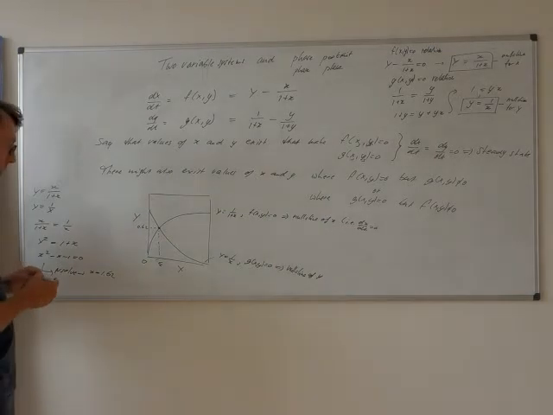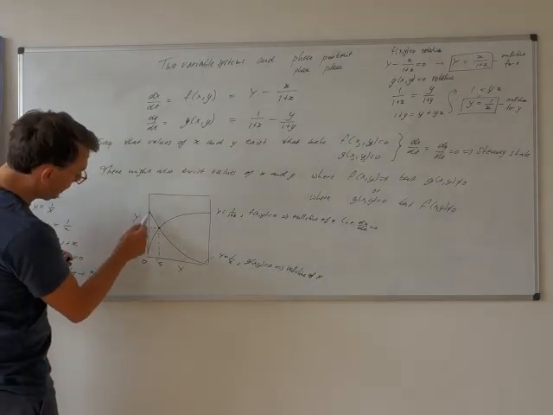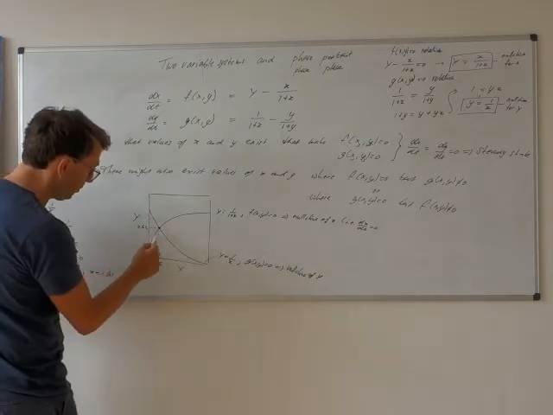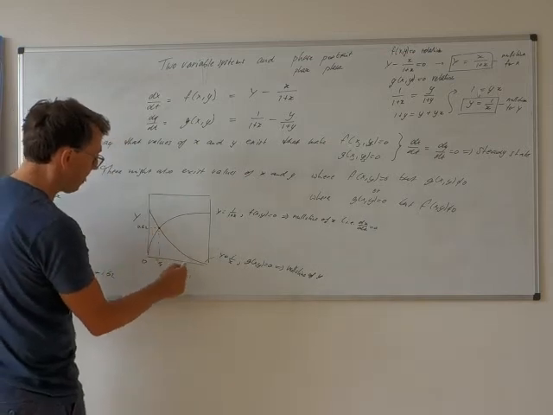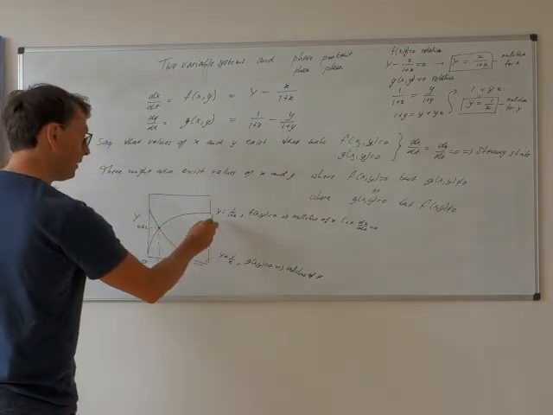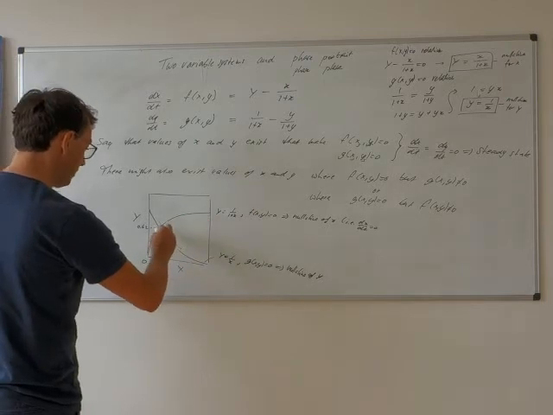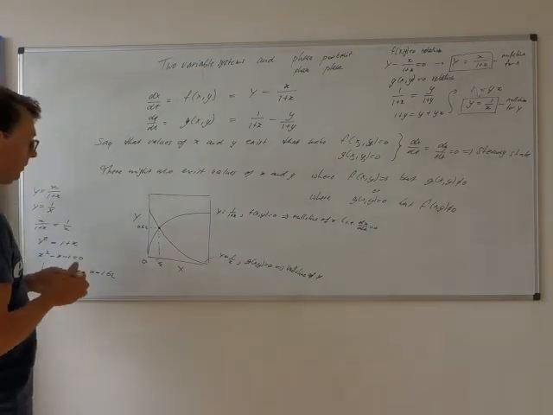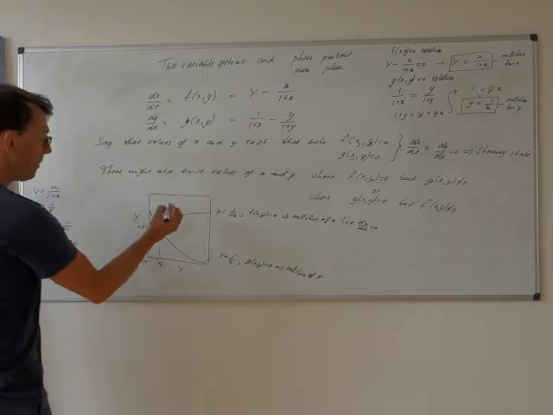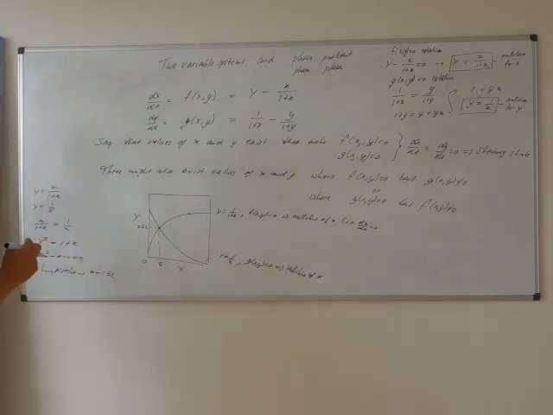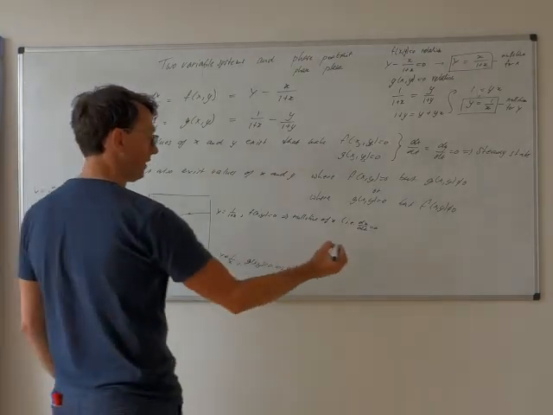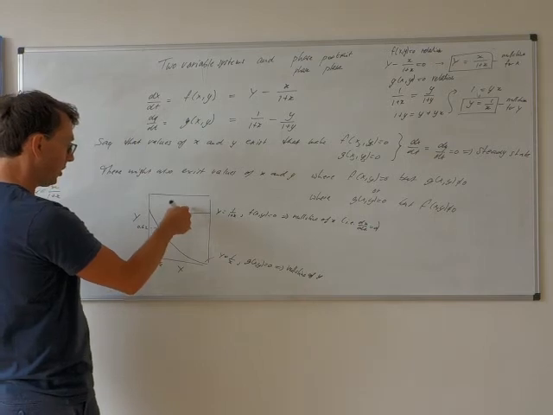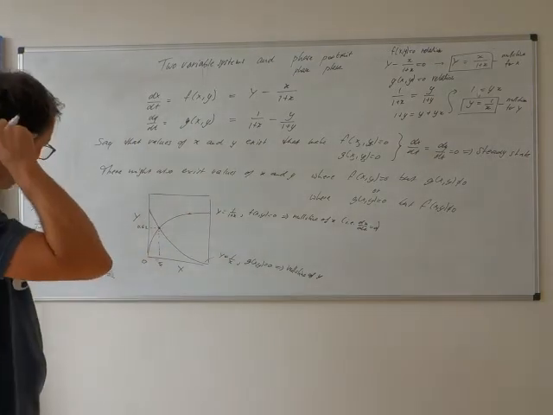So let's think about this for a moment. What we know is that along this line, y equals 0, so there is no change in y. And along this line, x equals 0, so there is no change in x. So if I'm at a point here on the null line of x, x cannot change, so y can only go up or y can only go down.